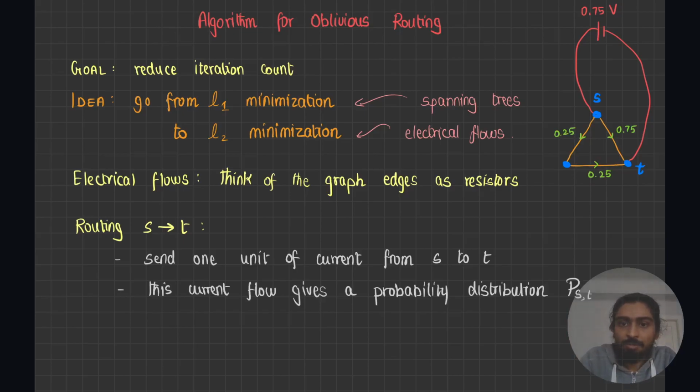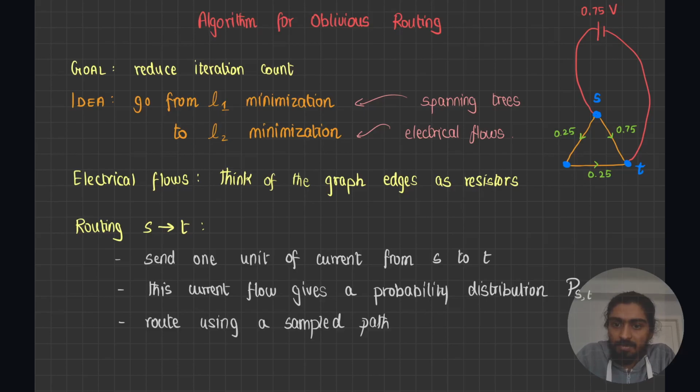Now if you have a flow from S to T, then you can decompose it into paths. And so this gives you a probability distribution over a set of ST paths, which is what you want for an oblivious routing. You essentially want a flow which gives you a probability distribution over paths, right?